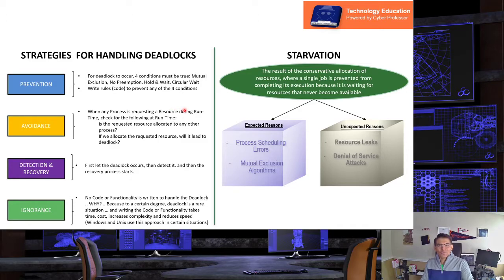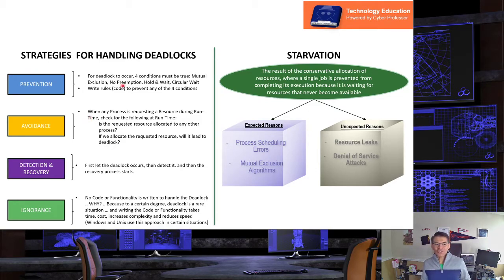So during runtime, when the process is already loaded into memory and is about to run on your computer system, the system checks: is the requested resource allocated to any other process? If we allocate the requested resource, will it lead to deadlock? So you are forcing your computer system to check those two questions before actually executing the process that is already loaded into memory, which may trigger the deadlock. So you are avoiding the deadlock right before the process is about to be executed.